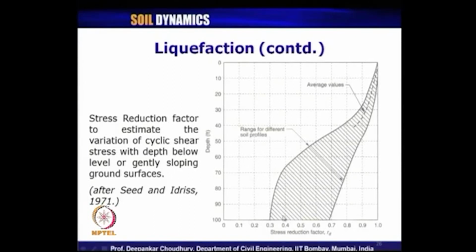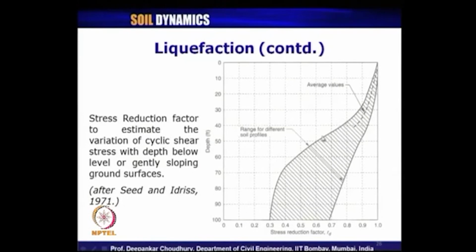The values of r_d, stress reduction factor r_d, were recommended by Seed and Idriss in 1971. Stress reduction factor to estimate the variation of cyclic shear stress with depth below level of gently sloping ground surfaces.